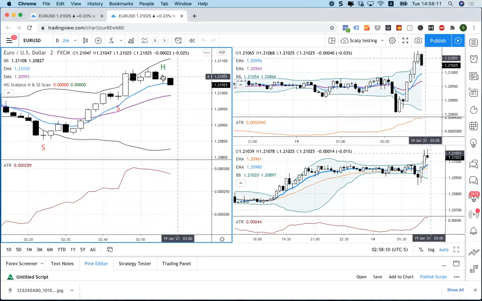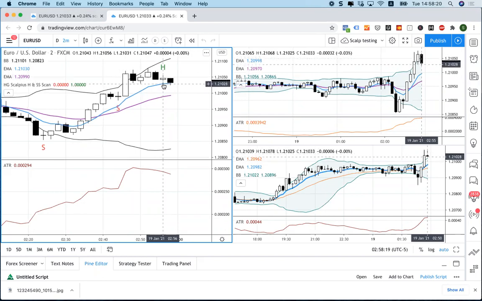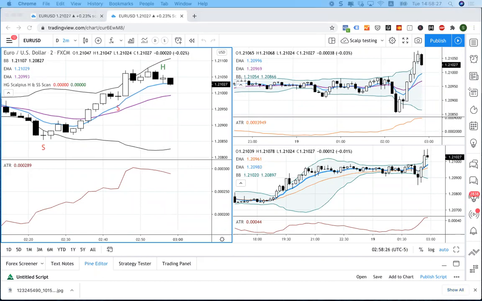Okay, we have a setup there that I was... No, we don't have a setup. This is almost a setup. It needs to touch the 8 EMA to be a setup, and it doesn't. That's lucky. I'm just going to deal with a problem with my virtual machine right now. One sec. Connections.